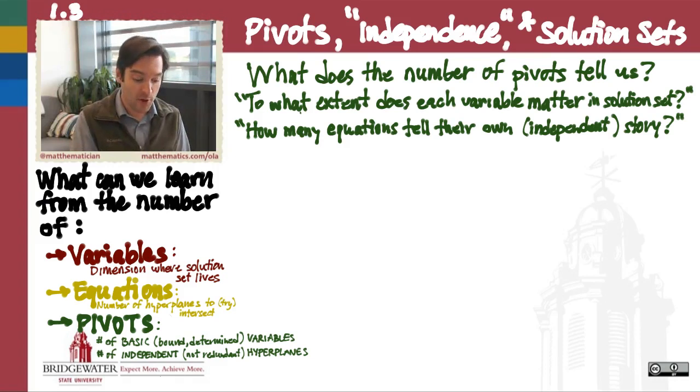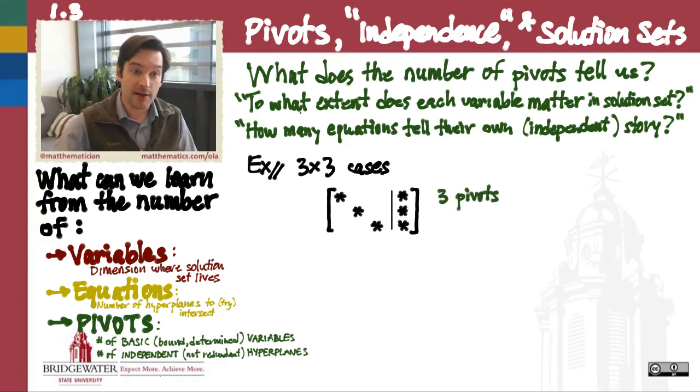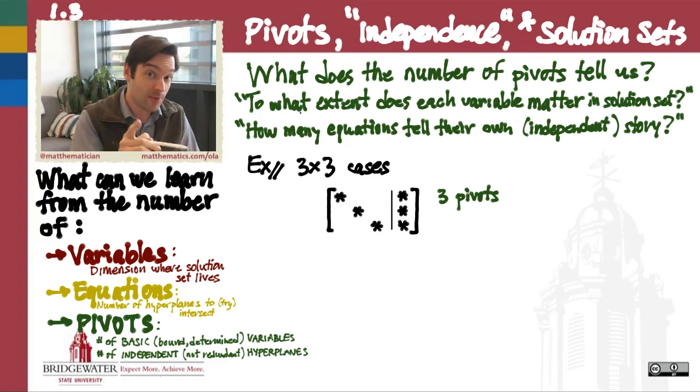And let's see a little bit more about how that plays out in a 3x3 case. So let's suppose that I have a 3x3 linear system, I do the row reduction on it, and I find out that it has 3 pivots. And so the reduced row echelon form of its augmented matrix will look something like this, right? A pivot in each of the first 3 columns would mean that each of the variables, let's say x, y, and z, all have their values determined by the system, and that there are no variables whose values are determined by the whim of a free choice in the universe, right?